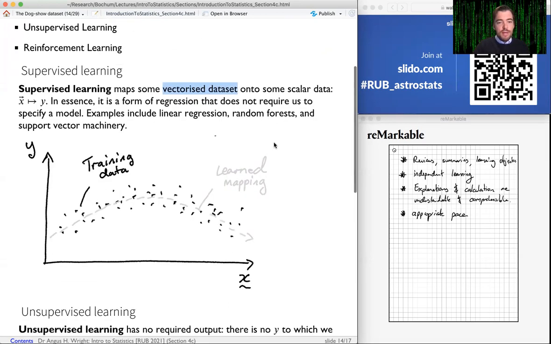So for example, if this is a multi-dimensional X axis, a vector of quantities of X, and I have some training data set shown as the black points here, then I can use supervised machine learning to regress a fit or a mapping from the parameters X tilde onto the value of interest, which is my Y.